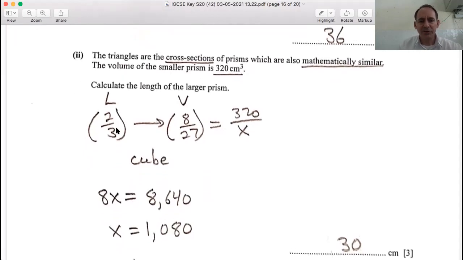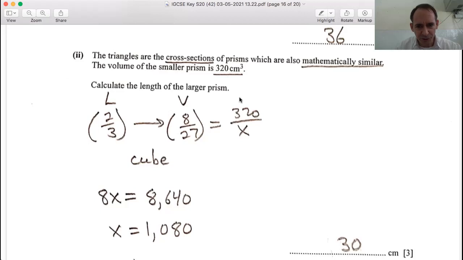Well, let's go back to our original length between the 2 triangles, which are cross sections. And so our original 1-dimensional ratio is 2 to 3, except now we want to go to volume. So we're going to cube this ratio, and that gives us a volume ratio of 8 to 27.